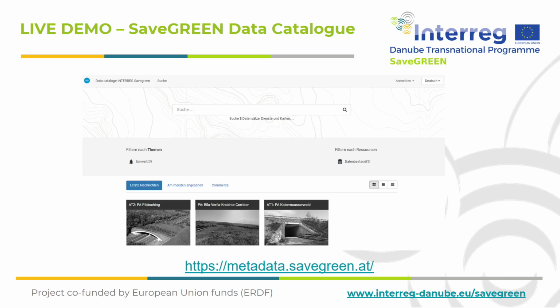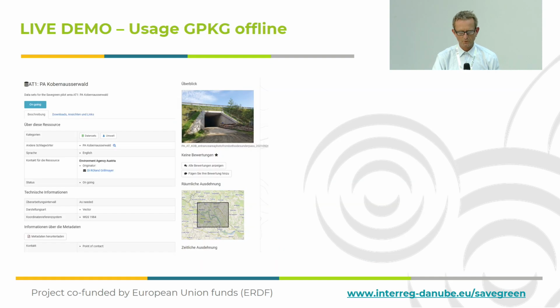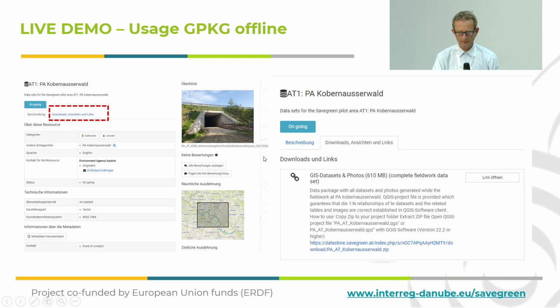So how will we provide the dataset? The central point to access the data is the SaveGREEN data store. For example, for the Kobernauserwald, you have downloads and links there. First of all, we provide the whole dataset of the pilot area as a so-called GeoPackage.